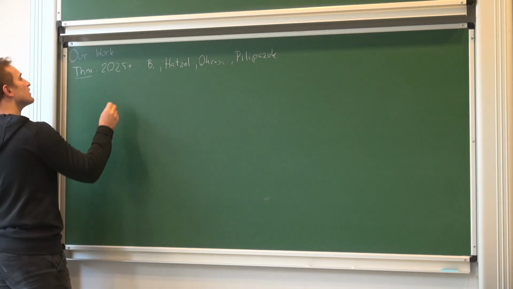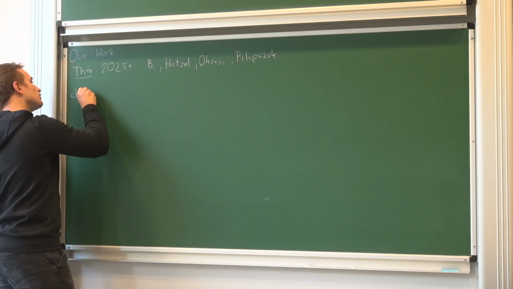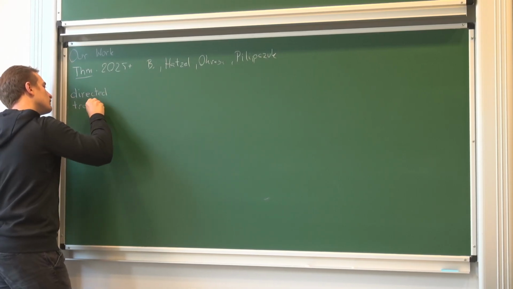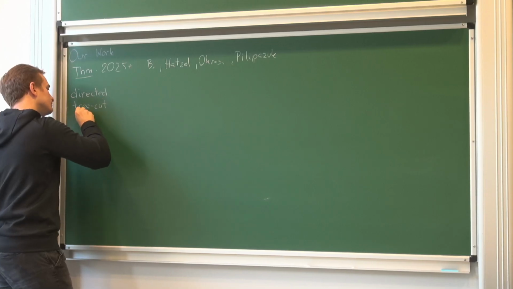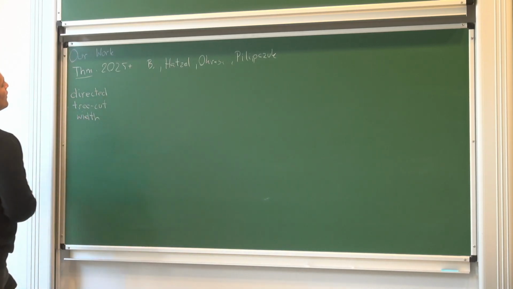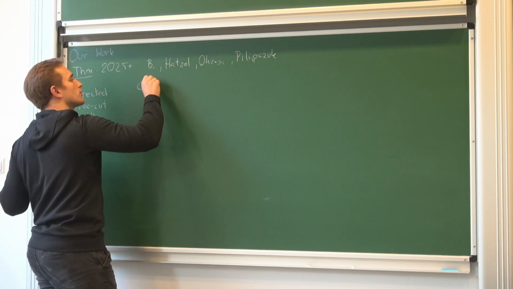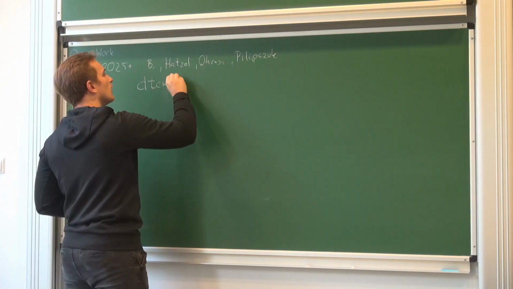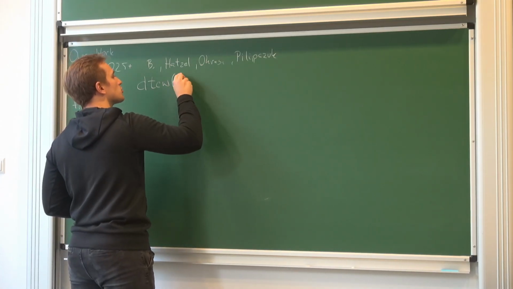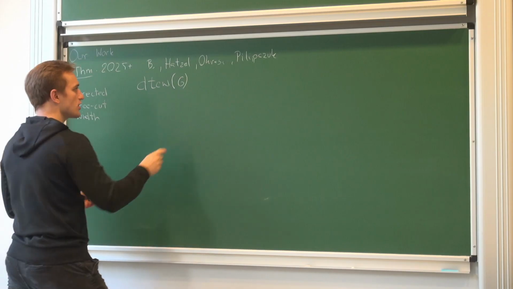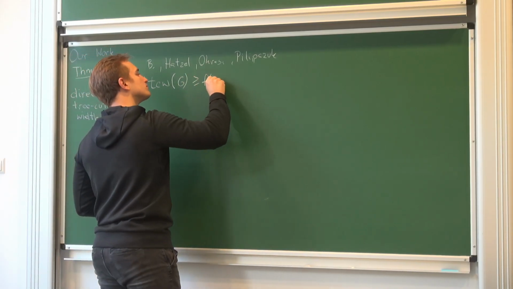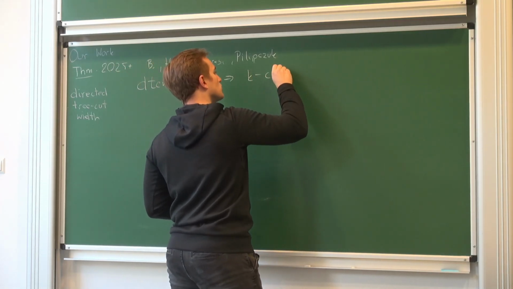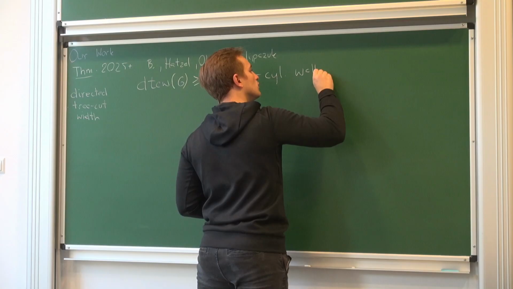There is this directed tree cut width parameter, abbreviated to dtcw. And if the directed tree cut width of some digraph is large enough, then we have a k cylindrical wall immersion.